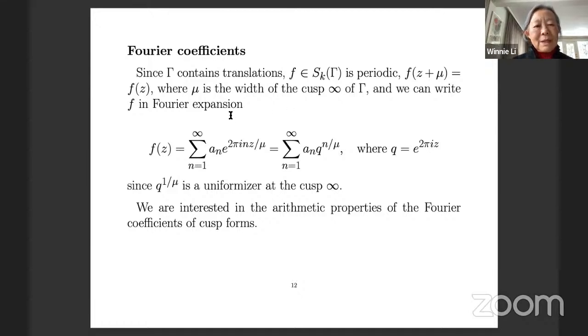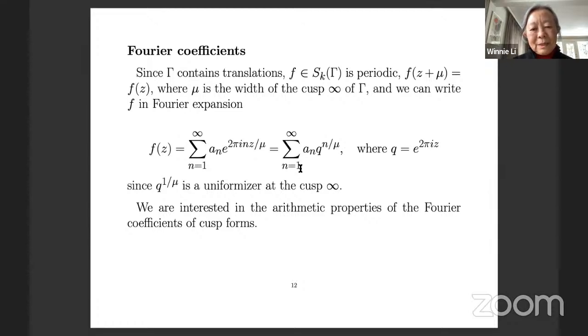So then we can write f in the Fourier expansion with respect to e^(2πiz/μ), raised to powers. Traditionally we denote e^(2πiz) by q. So we can write f(z) as the series over some constant Fourier coefficients times q^(n/μ).